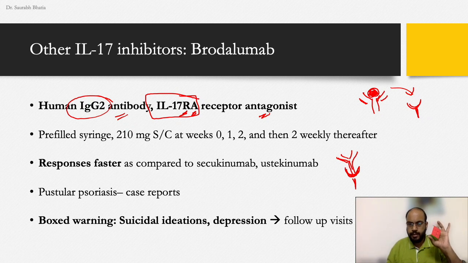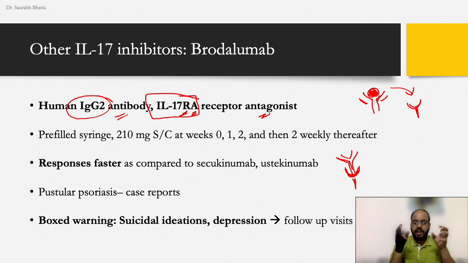This is the normal pathway. This is Secukinumab: it catches interleukin 17 and doesn't allow it to get attached to the receptor, and thus the psoriasis is mitigated. Clear? What is Brodalumab? Brodalumab attaches itself to the receptor and the receptor is occupied, and thus interleukin 17 does not get attached and psoriasis is mitigated.